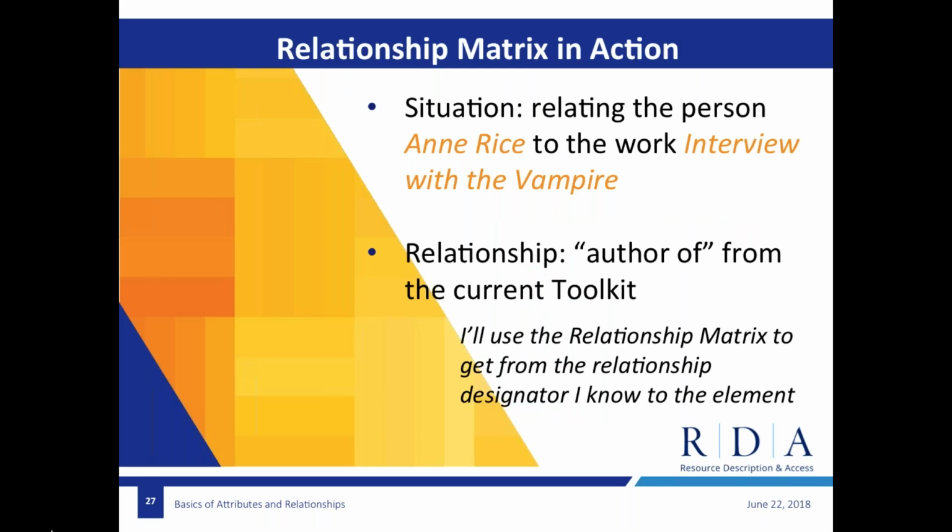I've got a person, Anne Rice, and I want to relate her to the work that has a preferred title, Interview with the Vampire. So I'm going to relate the person to the work. So I'm going to be looking for the relationship designator author of from the current toolkit.